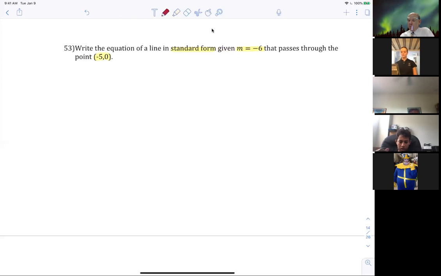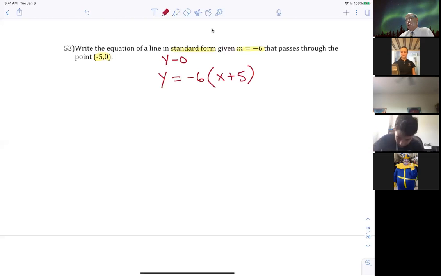Go. So it would be y equals... Good job. -6, good, parentheses x plus... Beautiful. Now notice he didn't say y minus 0. That would be funny.